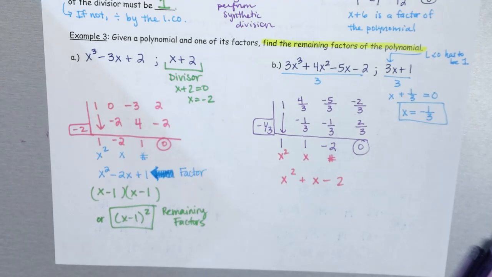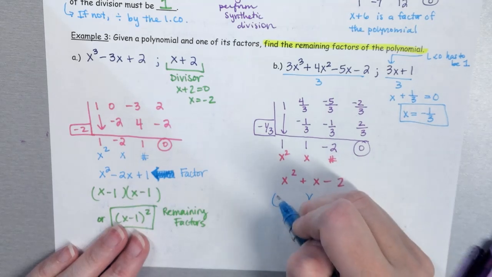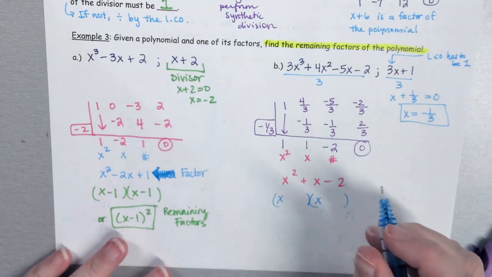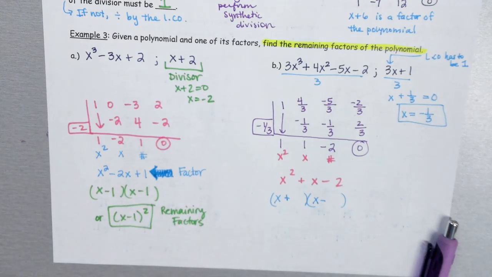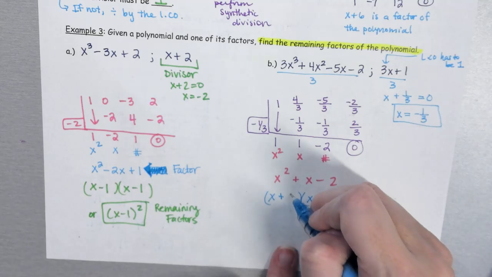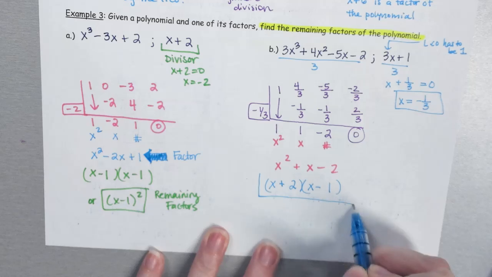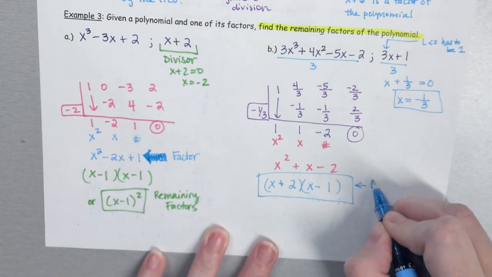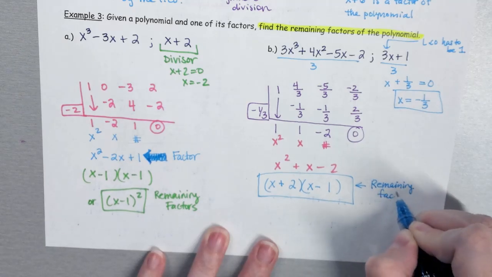But we're looking for two numbers that multiply to -2, which means one has to be positive and one has to be negative, and they add up to 1. So what multiplies to -2 but adds to 1? Plus 2, minus 5. Good. So these are your remaining factors. That would just be your answer.